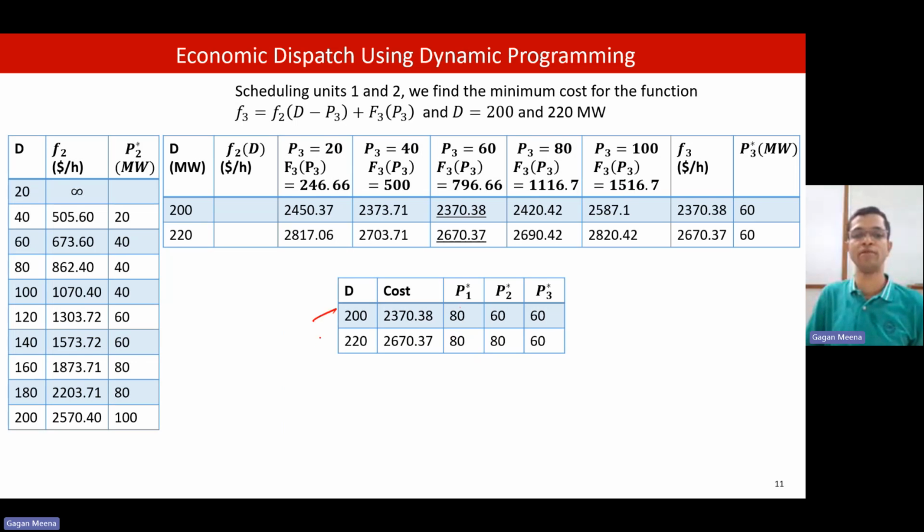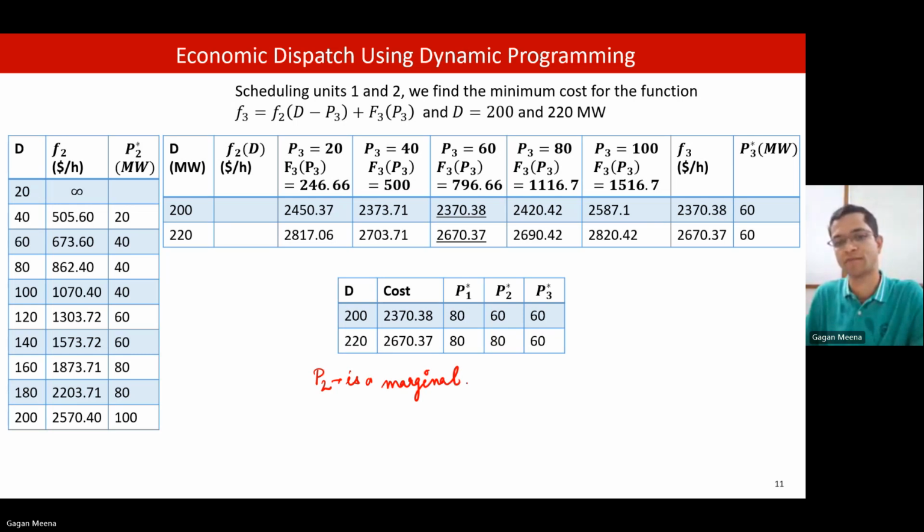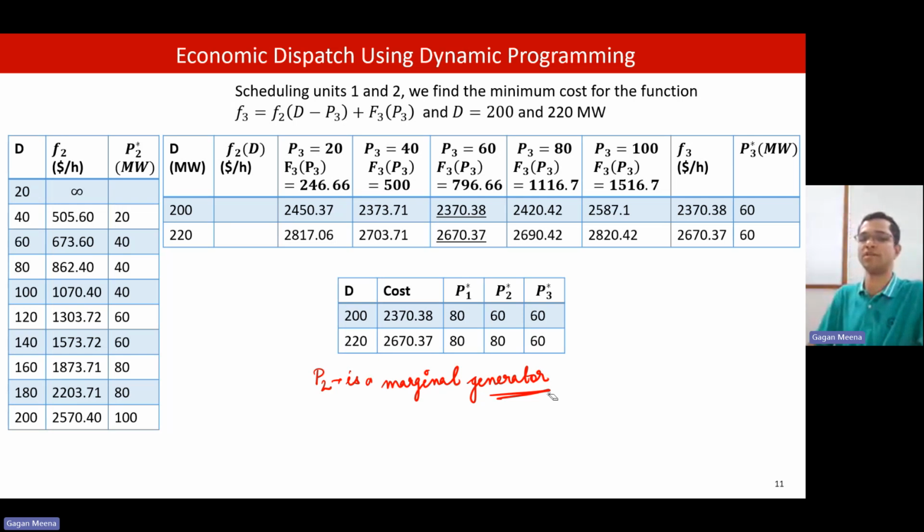Here, if we see for these two demand levels, P1 and P3 are not changing. They are fixed. Only the generator which is changing is P2. P2 here is a marginal generator. We can directly know because P1 is remaining the same.